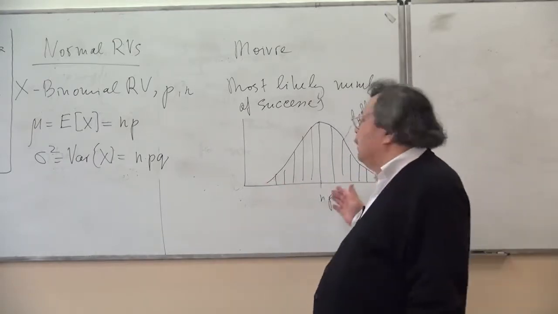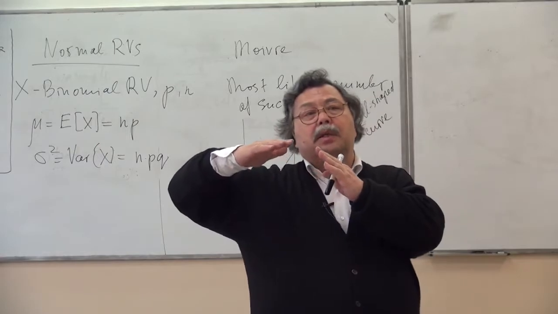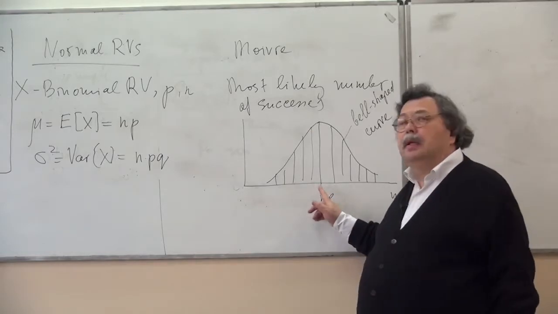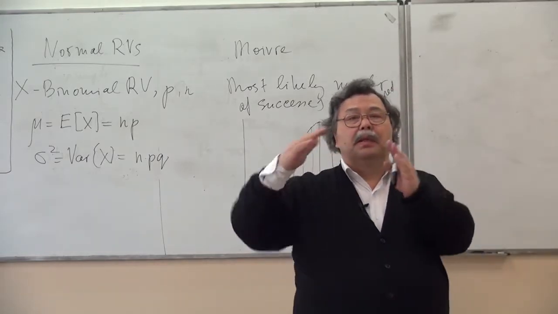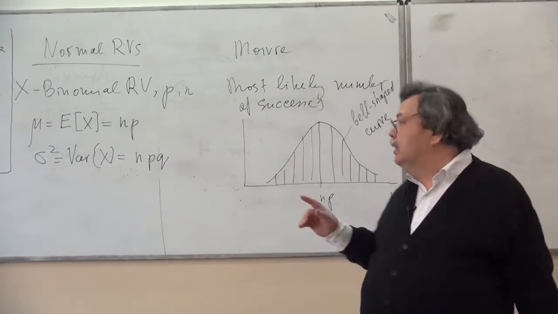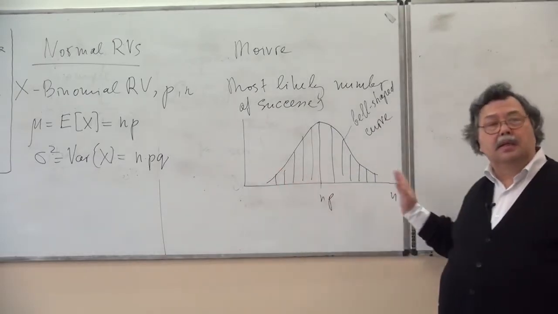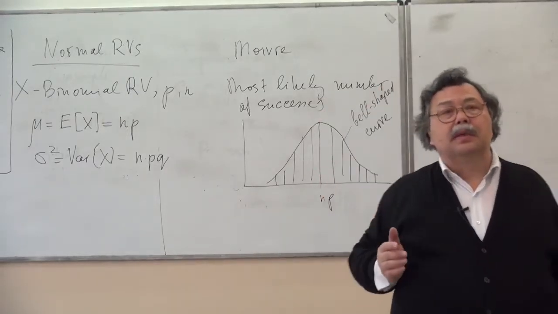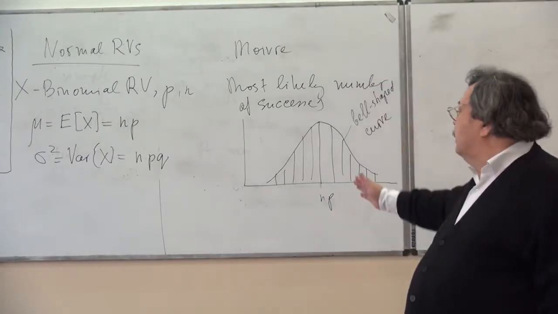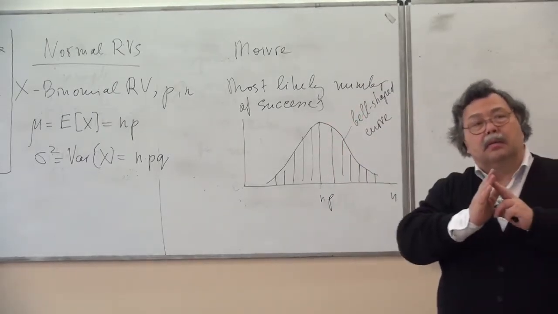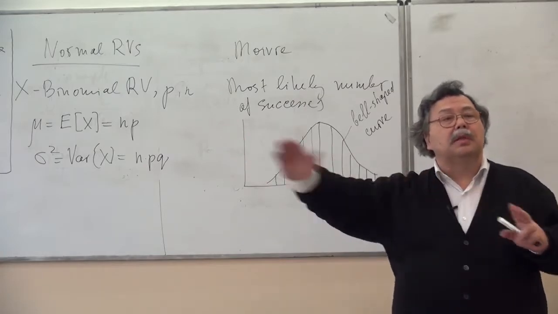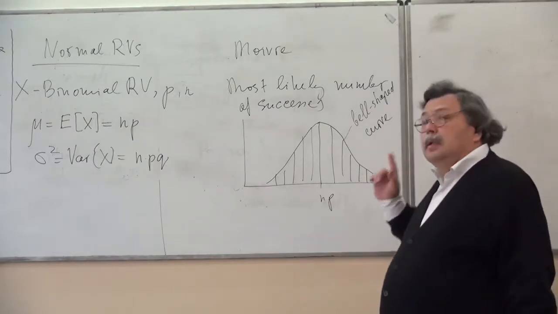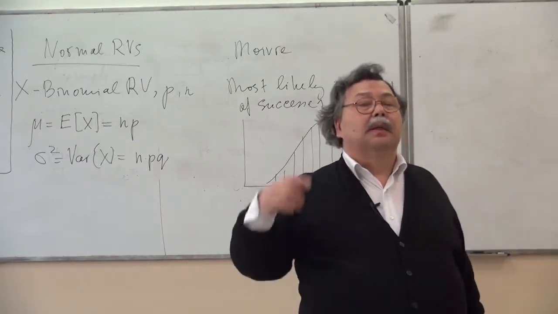Now, this is exactly what was noticed. When n increases, this bell-shaped curve remains itself, but it's not placed at some fixed position on the line. When n increases, n times p increases proportional to n, and n times p can be thought of as the center of this distribution. So the center shifts to the right on the horizontal axis as n increases.